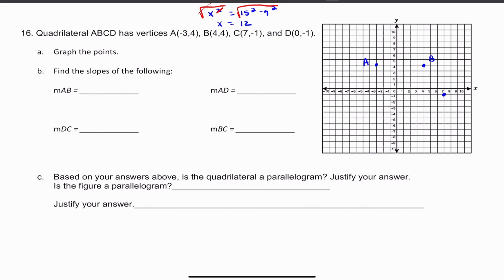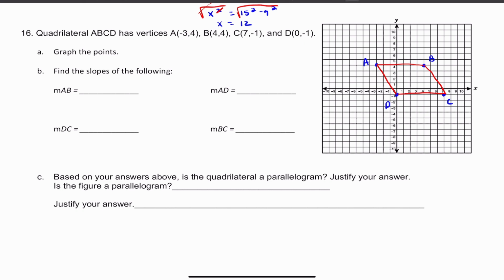And then D is 0, -1. Okay, so here's C and here's D. Since it's a quadrilateral with 4 sides, let's connect those dots. Okay, so let's go ahead and find the slopes.